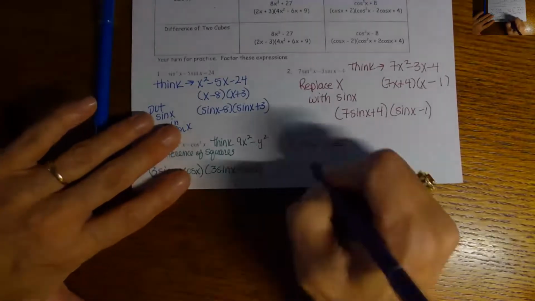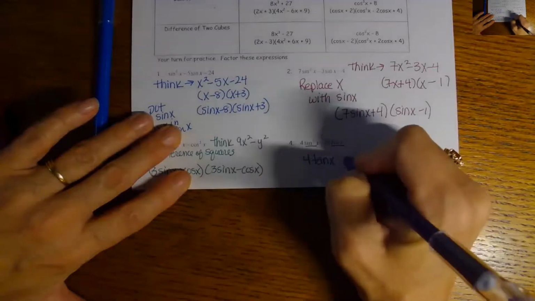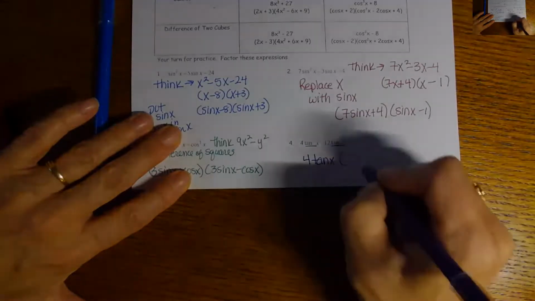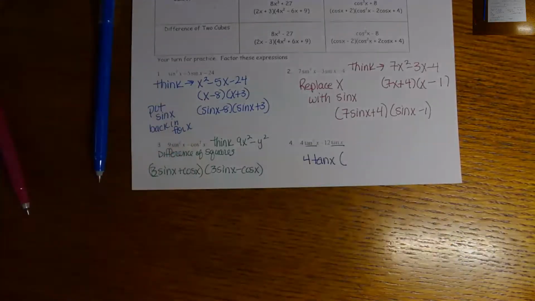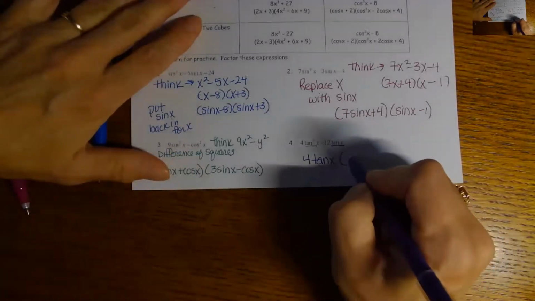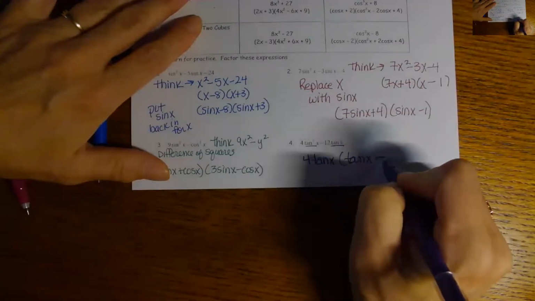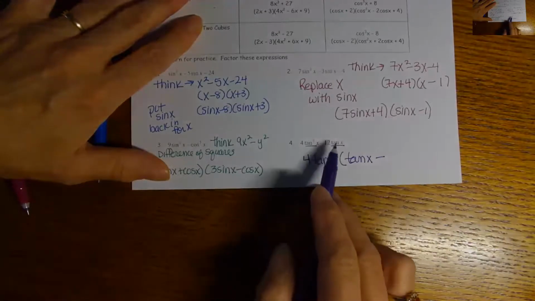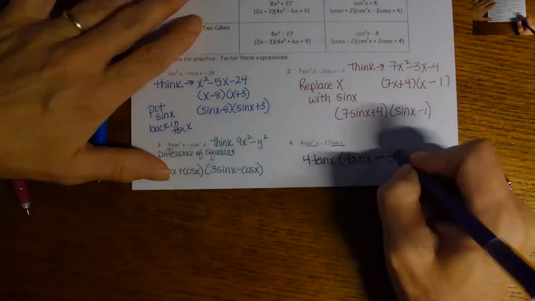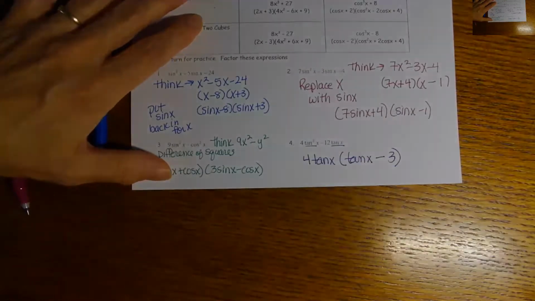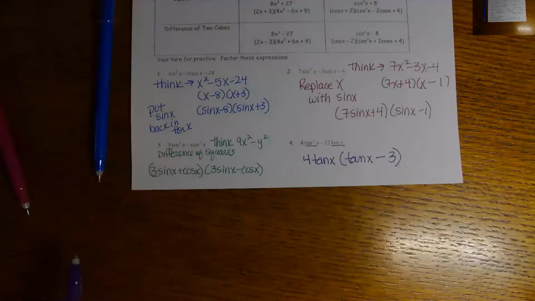The 4. So 4 tangent x. What goes in here? 4 tangent x times what will give me 4 tangent squared x? Tangent, right? Minus. Now 4 tan x times what gives me 12 tan x? 3. Tan times tan is tan squared.